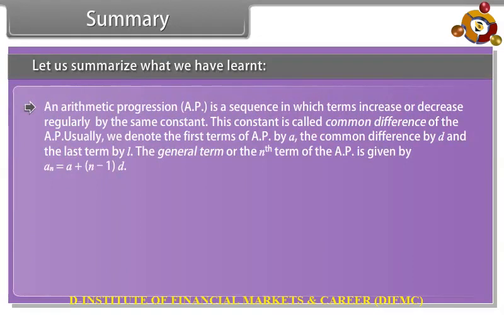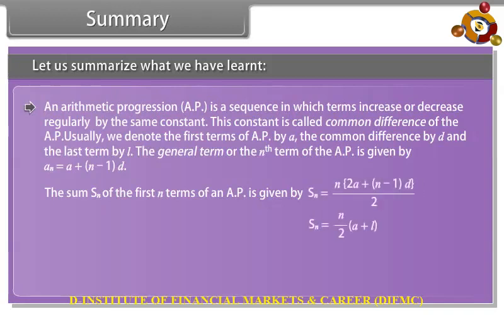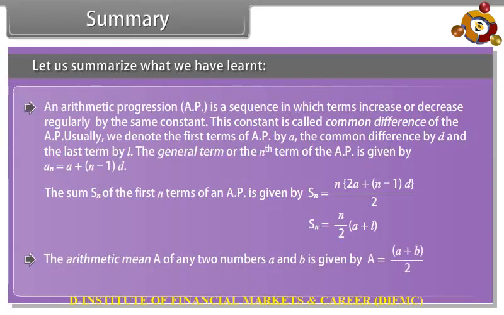Usually we denote the first term of an AP by A, the common difference by D, and the last term by L. The general term or the nth term of the AP is given by a formula, and the sum Sn of the first n terms of an AP is also given by a formula. The arithmetic mean capital A of any two numbers A and B is given by a formula. That is, the sequence A, capital A, B is an AP.